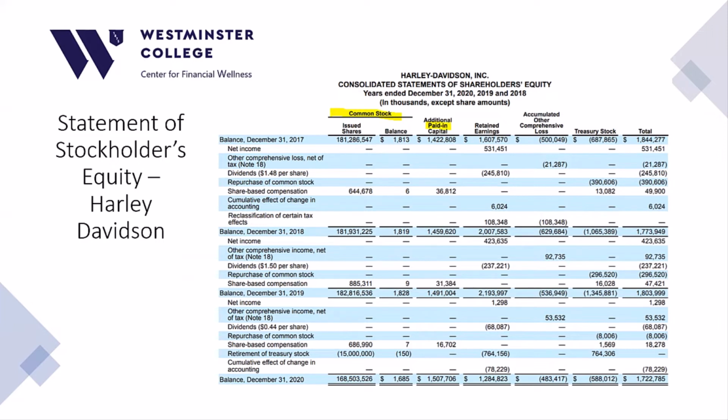We can see the changes over the last 4 years. The way this works is it shows the beginning and then the ending for one year and the beginning and the ending for the next year, and so on. So the actual progress is going down each column. It looks like they've been issuing common stock, but it's been for purposes of compensation to their employees. That's been their reason for increasing their common stock.